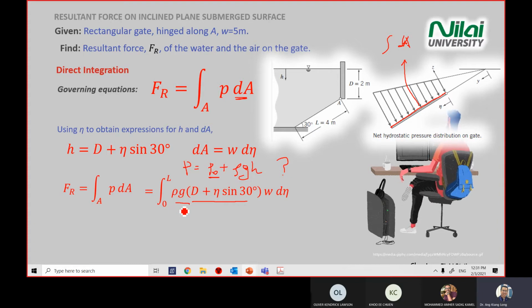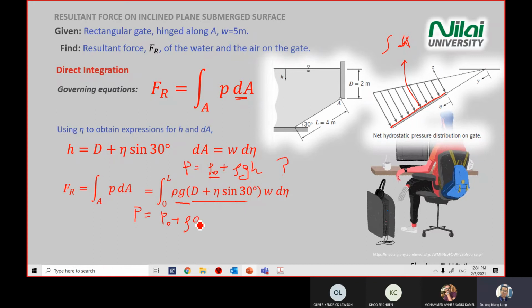Okay, Oliver, are you able to explain why we do not use the P0 in this case? No, so can you repeat again? Okay, we know that just now I asked Ku about the P definition. P is P0 plus rho g H, correct? Yeah. So we know that our resultant force equals the integration of P dA.